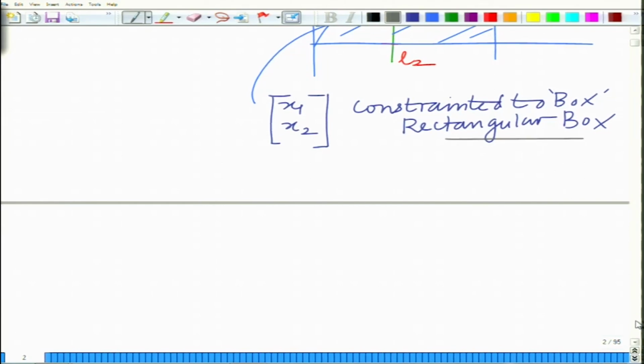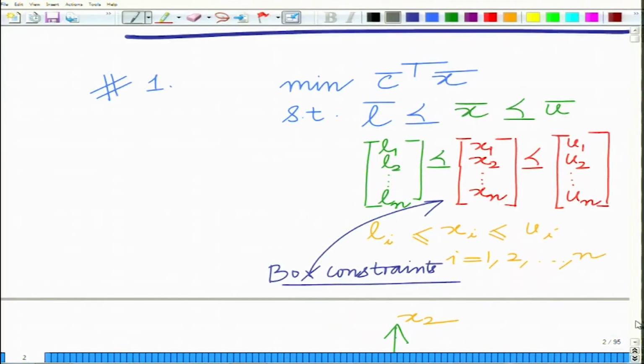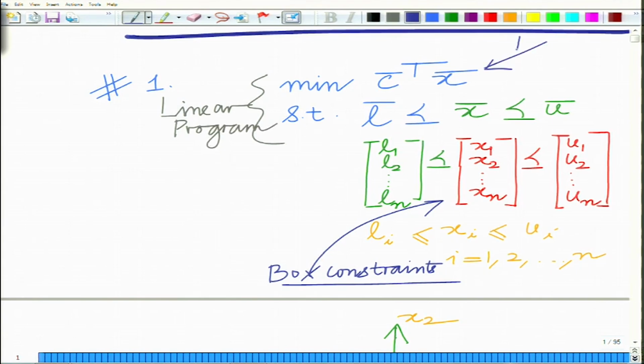In fact, if you look at it, this is simply a linear objective. This is a linear program, all right. It is a simple linear program. The objective function is linear, and the constraints are also linear, correct. If you remember, a linear program is nothing but a linear objective and linear constraints.